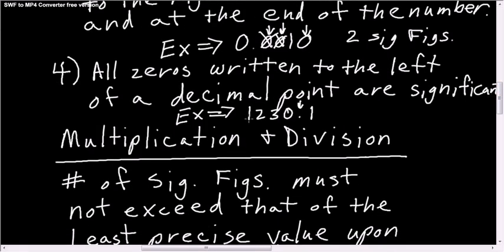I have 1, 2, 3, 4. This 0 is significant because it's to the left of the decimal point. And 5. So I have 5 sig figs again. And that's all the rules.